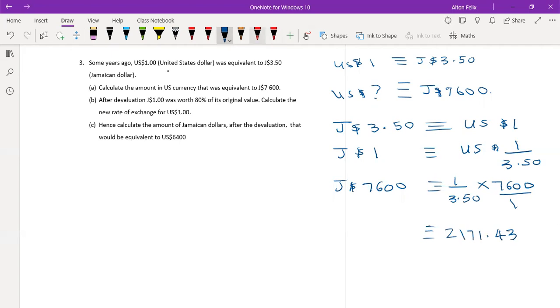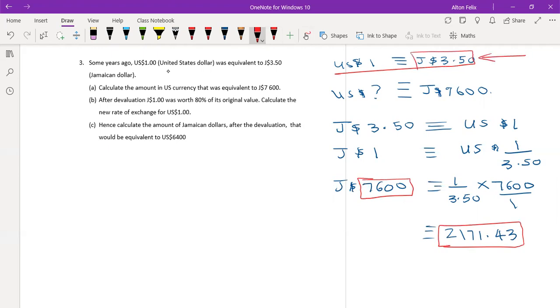And this is the point I was making just now. This number here should be less than this number here, because as the exchange rate says, you have to give up more Jamaican currency for every single dollar that you are getting in the US equivalent.